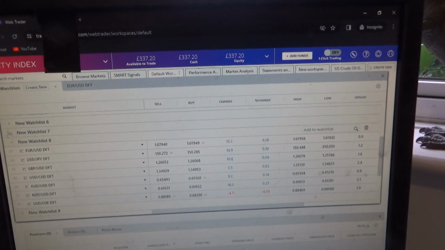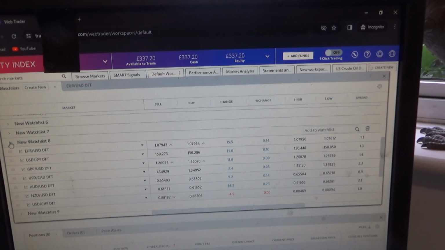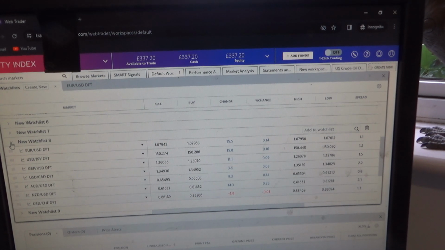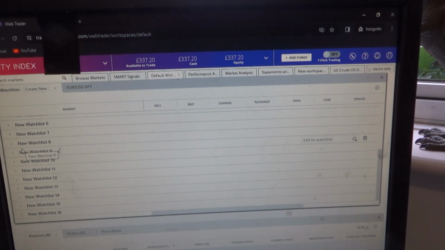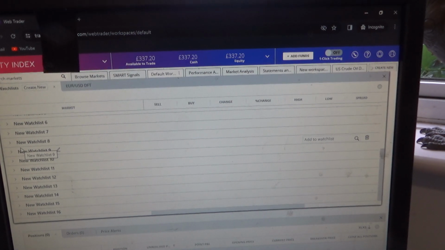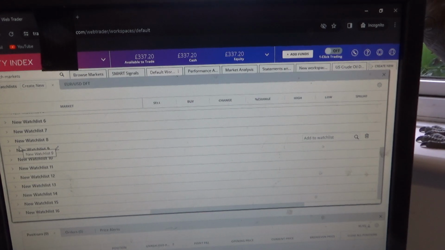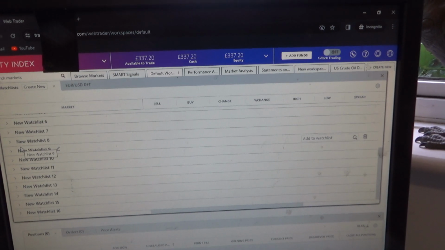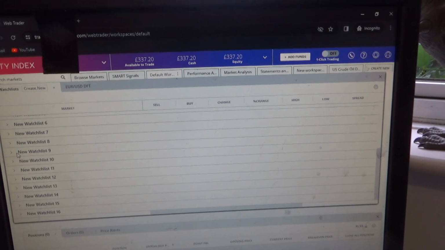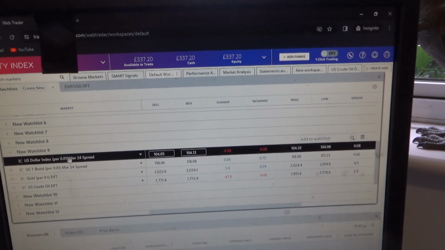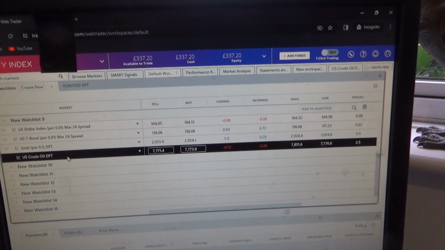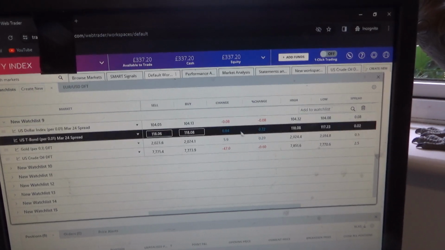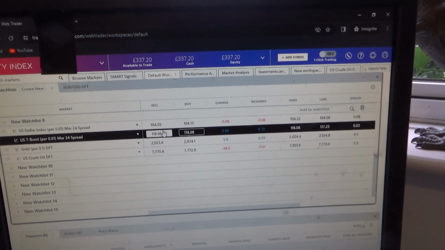So as I said, you can see very quickly from those watch list setups that the yen's weak across the board, and the New Zealand dollar is strong across the board. So that's our initial flow assessment. And then if you go on to watch list 9, you can see that the US dollar is pretty flat, but it's slightly negative.